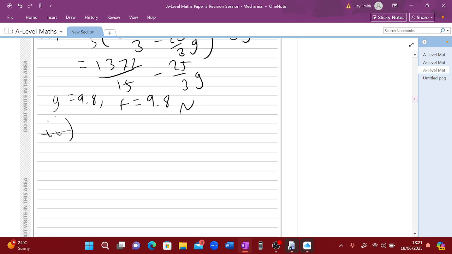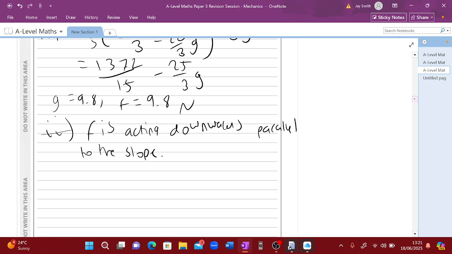So F acting downwards, parallel to the slope. Okay. So the direction, obviously, first of all, is it perpendicular? So if we have the slope here, is it perpendicular or is it parallel? Well, F is parallel here, but then is it going down or up? So it's going down. So that's our direction.